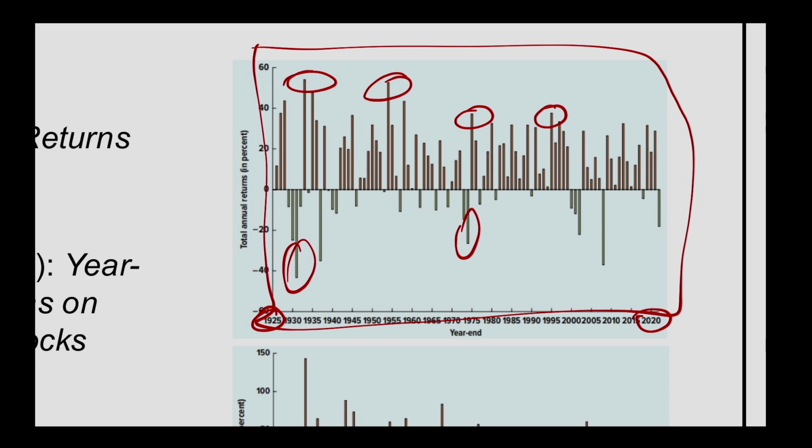Not so much for this one or this one, but you can see back here during the Great Depression, stocks lost massive amounts of value in a given year, but then that was fairly easily recouped the following year. Back here we've got the global financial crisis, the GFC, and then here we have COVID. So you see these big downturns are pretty easy to pick out.